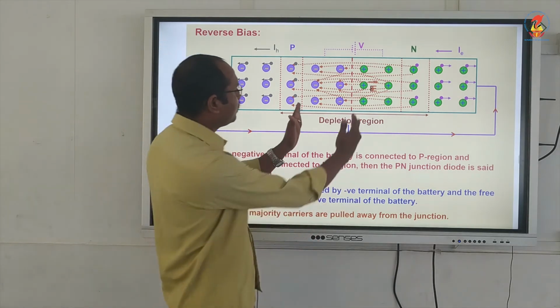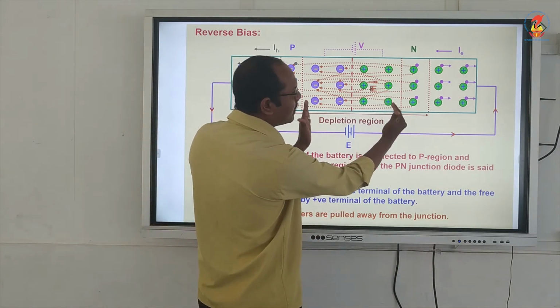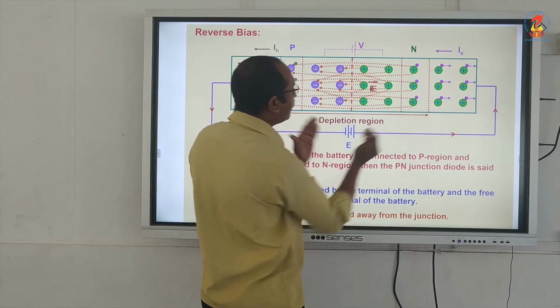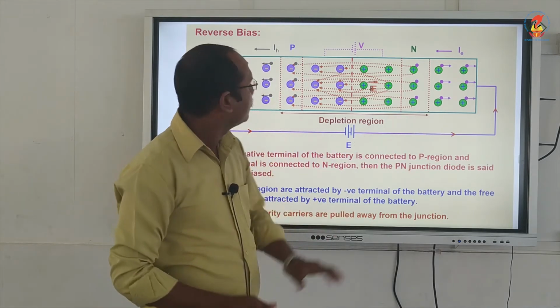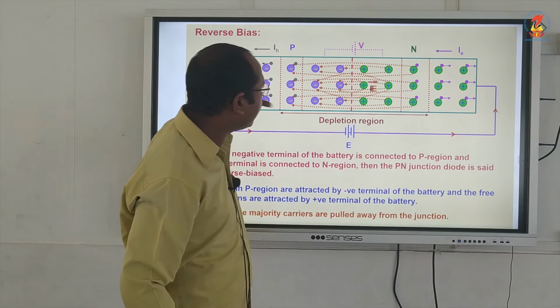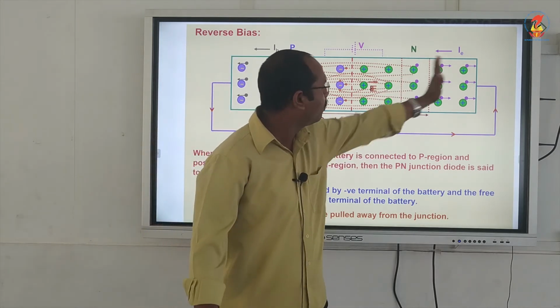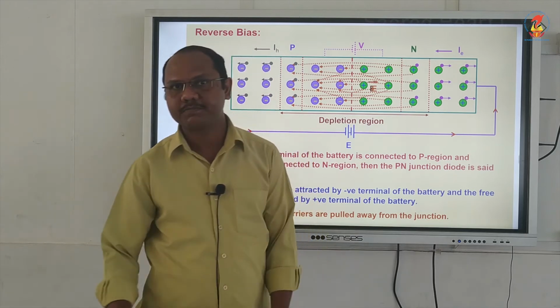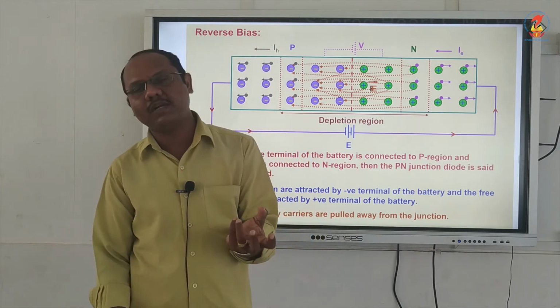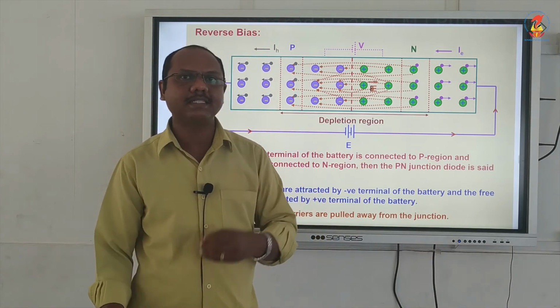Earlier the width was only till here. The width of the depletion region will increase because the holes are pulled by the negative potential, whereas the electrons from here are pulled by the positive potential. So the barrier potential also increases.